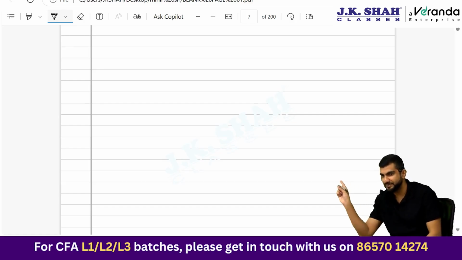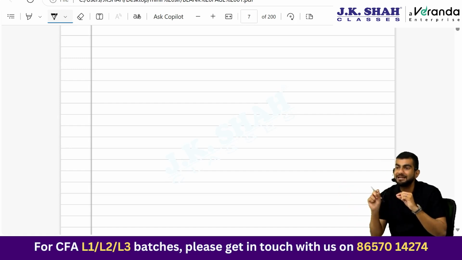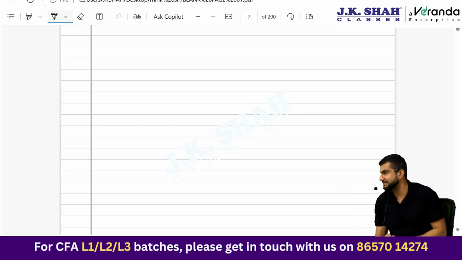I had shown you the P&L where there was a separate line item for amortization of intangible assets and impairment of intangible assets. There was a separate line item, but the same case was not there for depreciation.